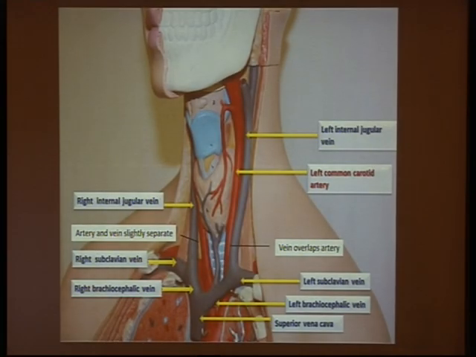We have the possibility of puncturing the artery, the common carotid artery, because internal jugular vein and the common carotid are two dear neighbors.